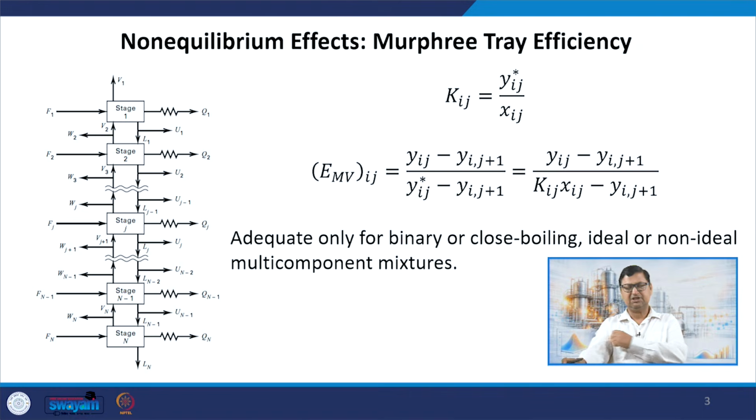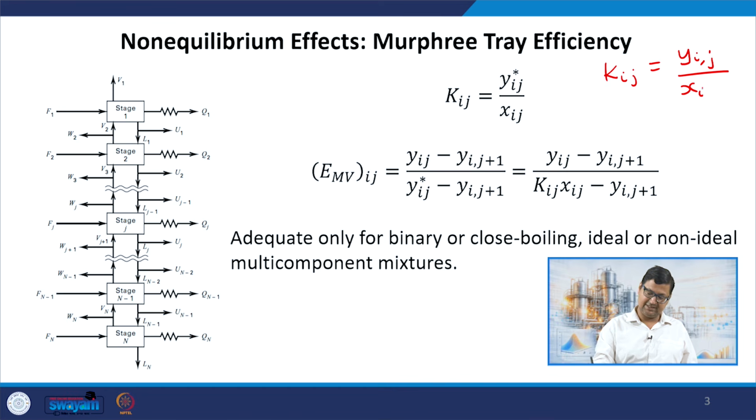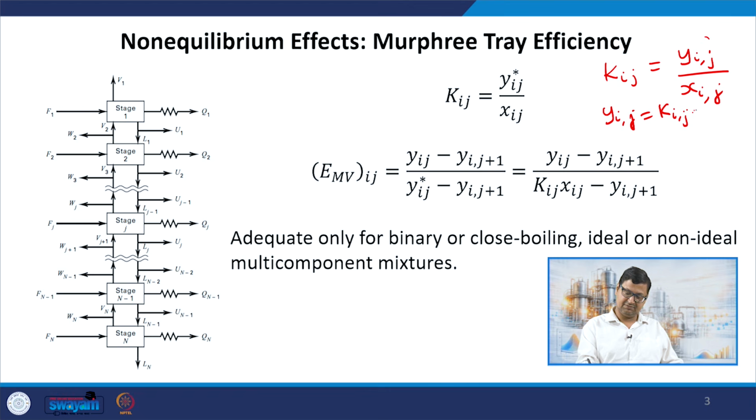Classically, the first approach that came into existence to include the non-equilibrium effects is to include a notion of tray efficiency, something called Murphree tray efficiency, which is still being used quite a bit. In the typical situation that we have discussed so far, we assume that Kij is a ratio of Yij and Xij, or Yij equals Kij multiplied with Xij.